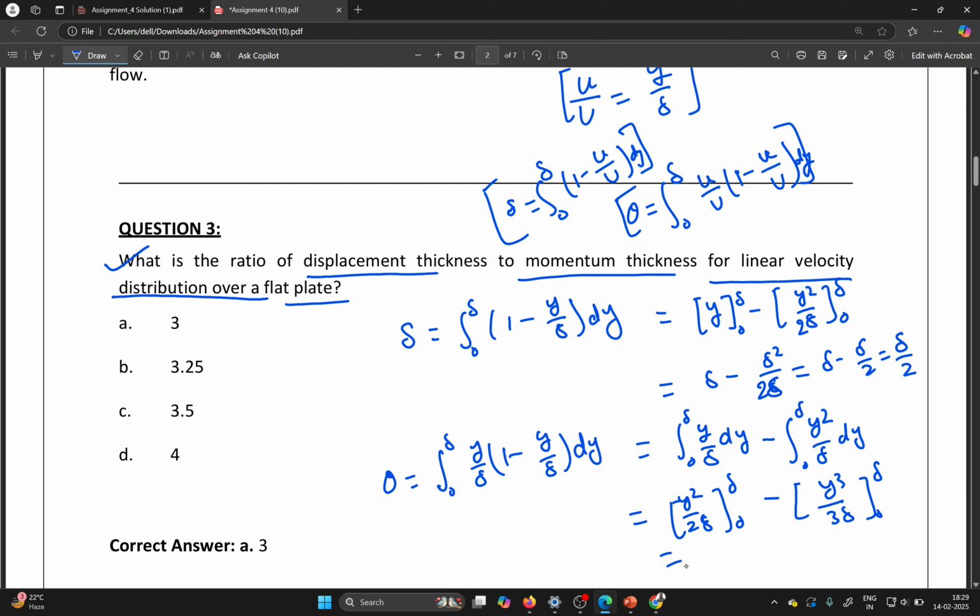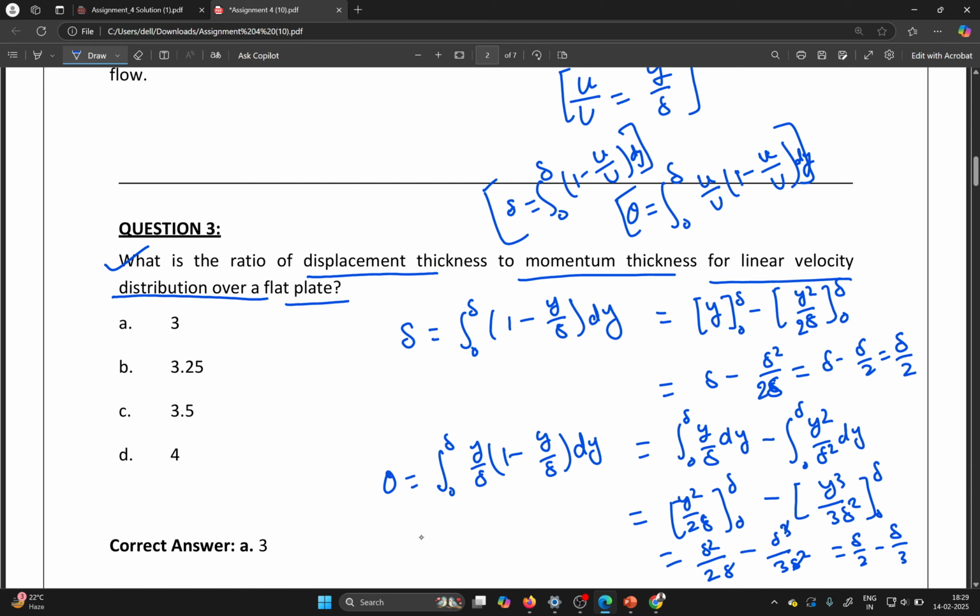When you calculate, you get delta square by 2 delta minus delta cube by 3 delta square, so delta by 2 minus delta by 3.